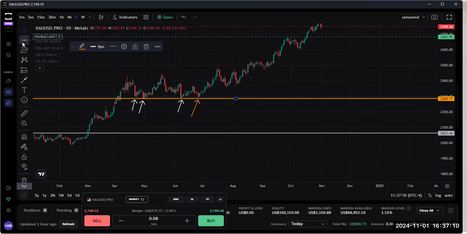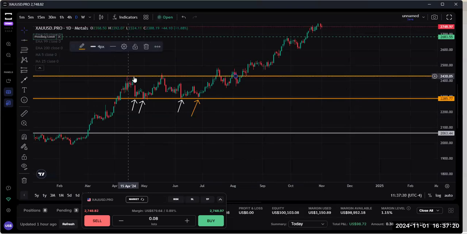Let's look for another one. Let's see if we can find another area where there were multiple touch points, whether as a support or as a resistance. Remember, it's never going to be perfect, but I just decided to put one here.